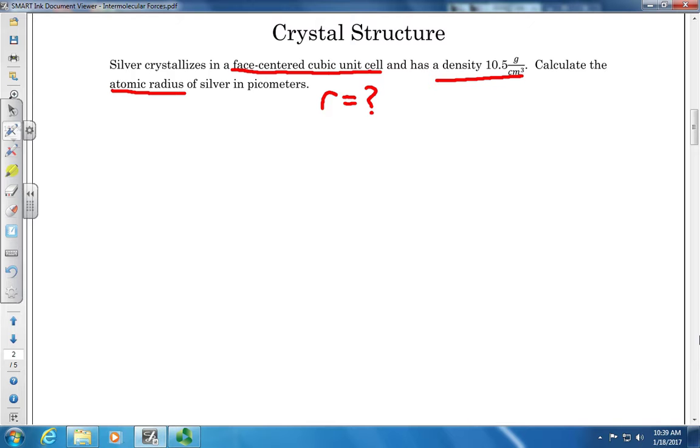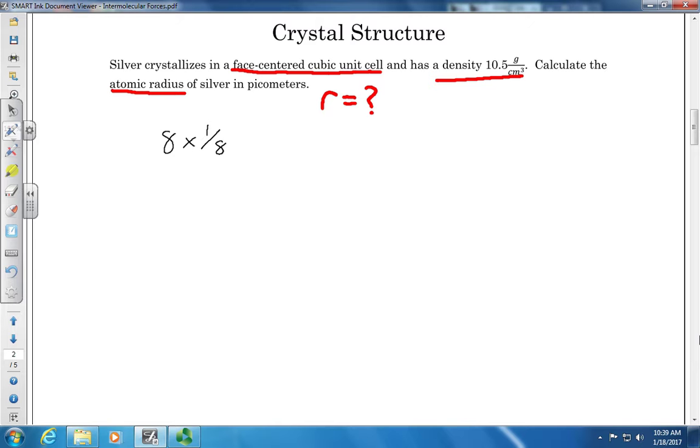Okay, so what we know about a face-centered cubic cell is that we have parts of an atom in this unit cell. And ultimately, the parts are going to lead to a total number of a given atom. So we know that there are 8 1/8 atoms, and they're in the corners of the cell.